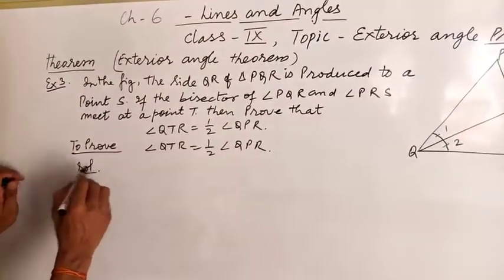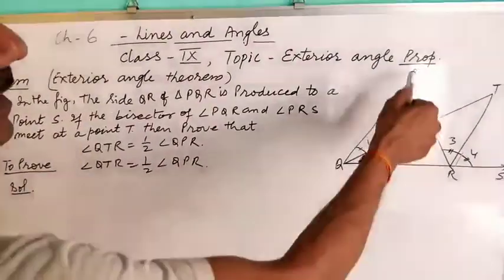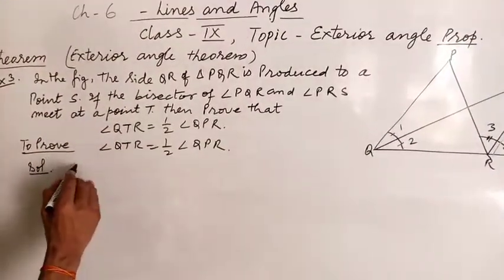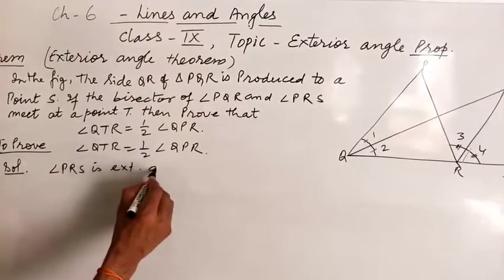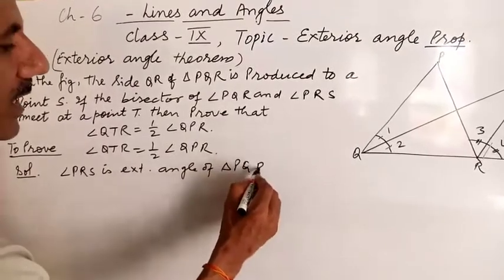Solution. How do we solve it? First we use the exterior angle property. PRS is the exterior angle of triangle PQR.